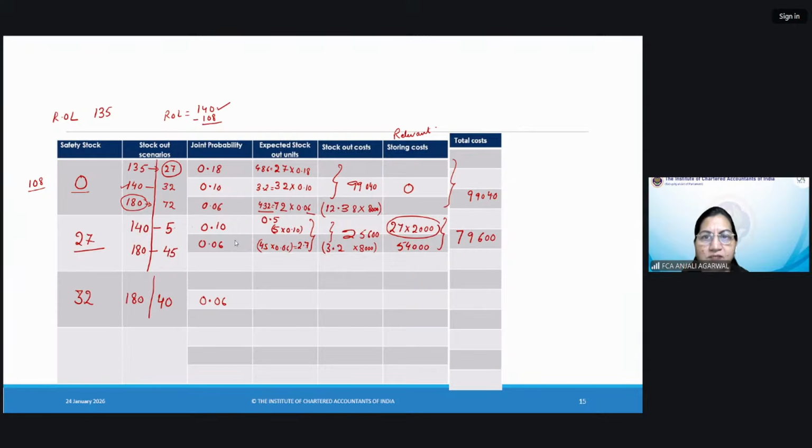So 40 units is the stock out when the maximum consumption of 180 units is reached during the lead period. So 40 into 0.06. The expected stock out units is 2.4, and the stock out cost will be 2.4 into 8,000.